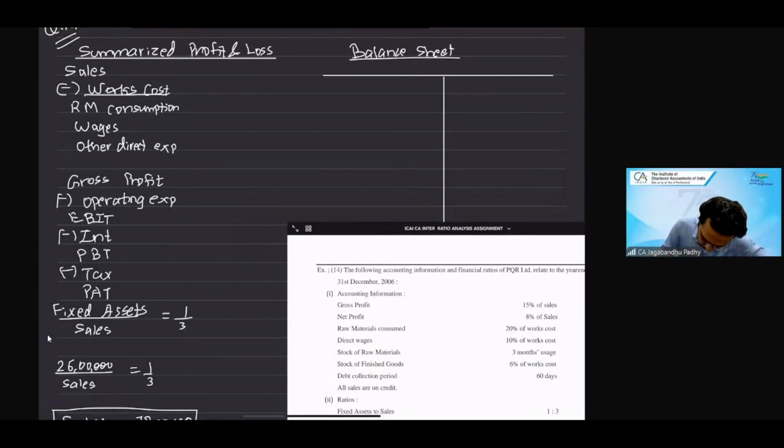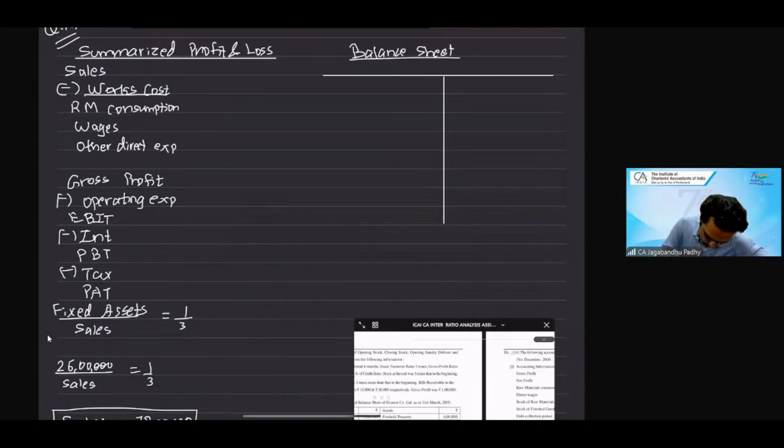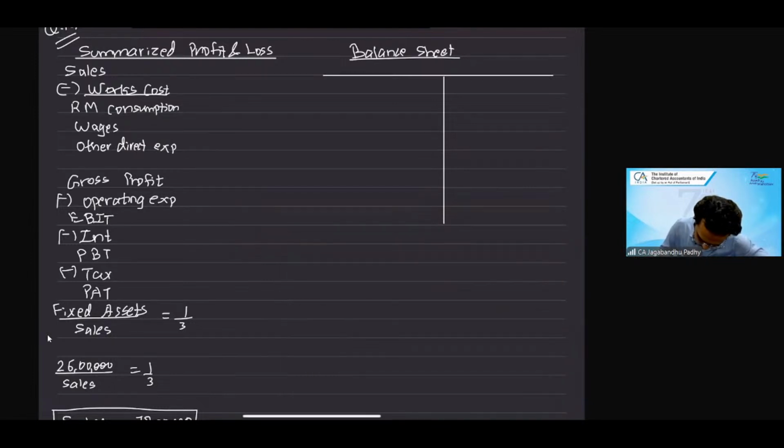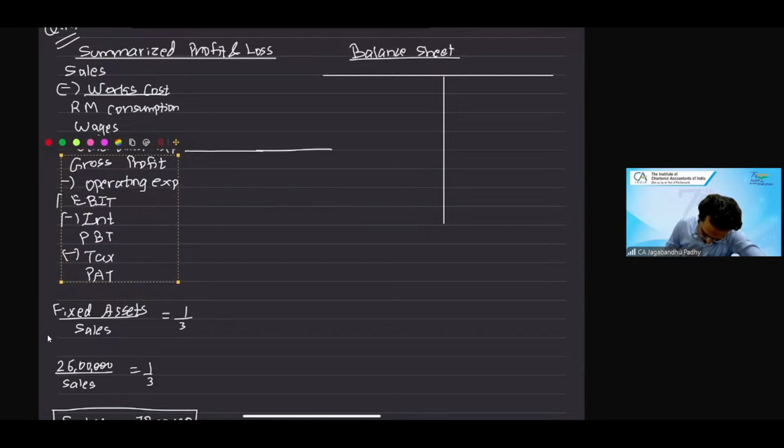So it will be like sales, and then from that, this entire works cost will be subtracted to arrive at gross profit.